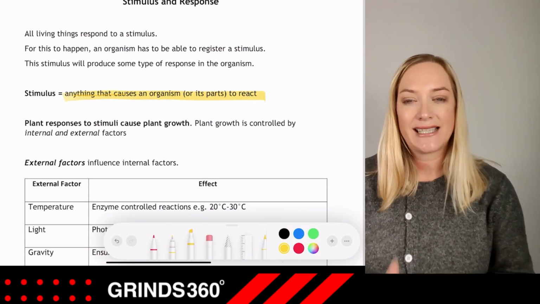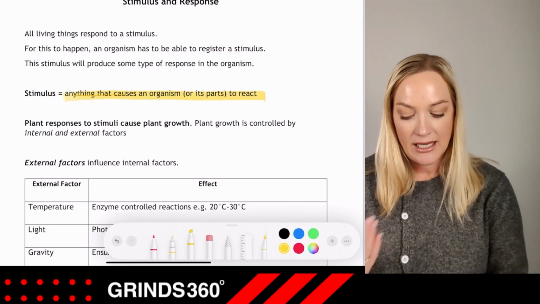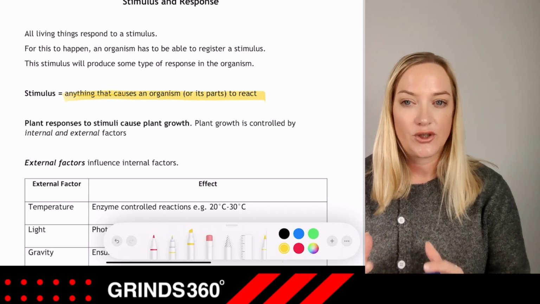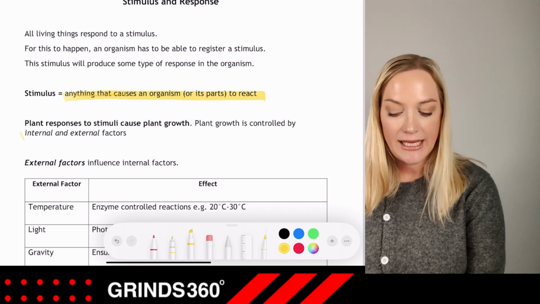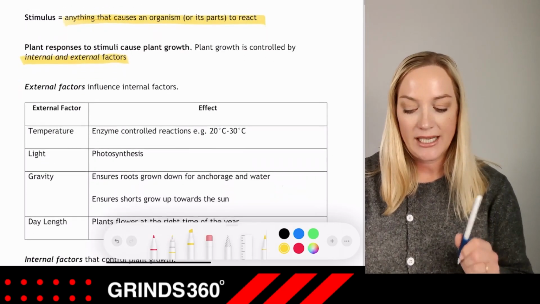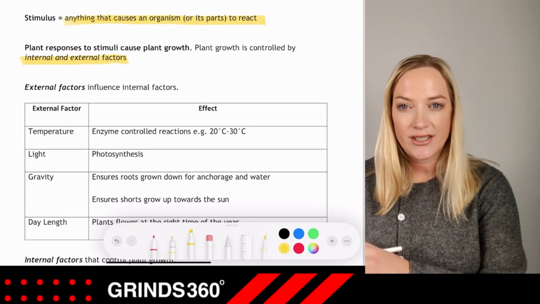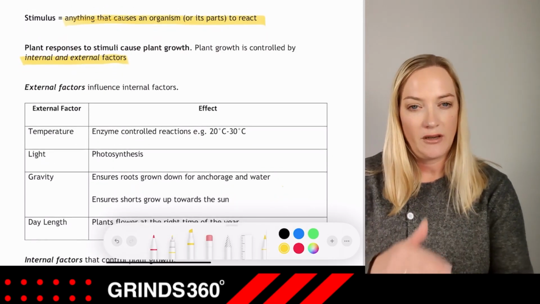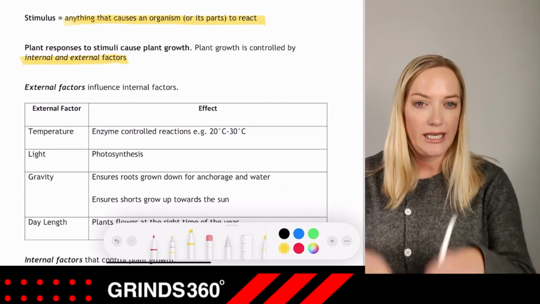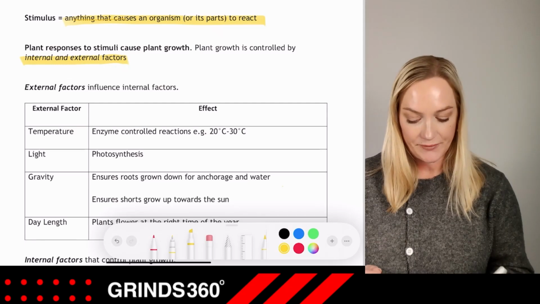So plants can respond to a stimulus that causes plant growth. So plant growth is controlled by internal and external factors. Now, please note that the external factors will influence the internal factors. So the external factors will influence what's happening within the plant.